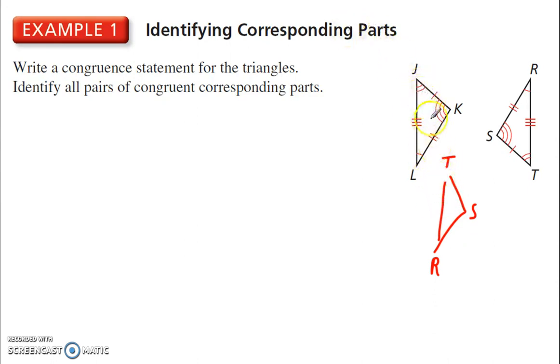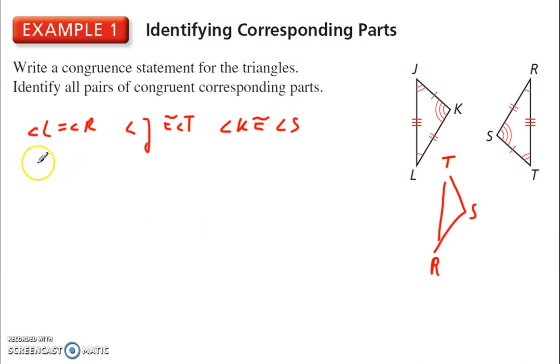If not, you can just always check one line right here, one line there. So angle L corresponds to angle R. Angle J corresponds and is congruent to angle T. And angle K corresponds to and is congruent to angle S.